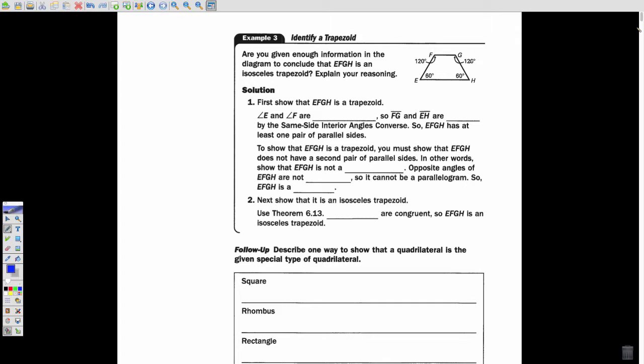So finally, here's a third example. It's asking us if we're given enough information to conclude this quadrilateral is an isosceles trapezoid. First of all, we have to show that it's a trapezoid. Angle E is 60 degrees and angle F is 120. We add the two together, and they are supplementary.